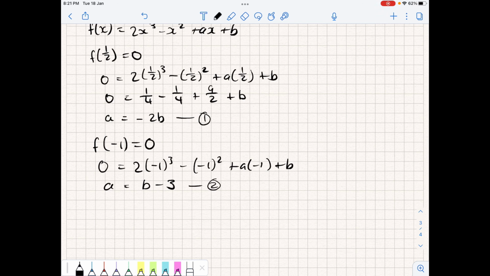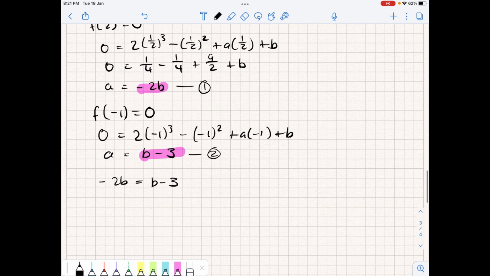And from here, we can solve the equations by whatever method you want. We have a equal to something in both equations, so we can equate them together. If a is equal to minus 2b, and if a is also equal to b minus 3, that means that minus 2b must be equal to b minus 3.